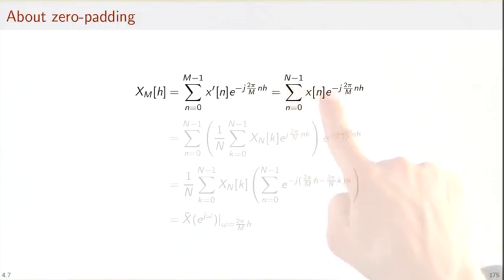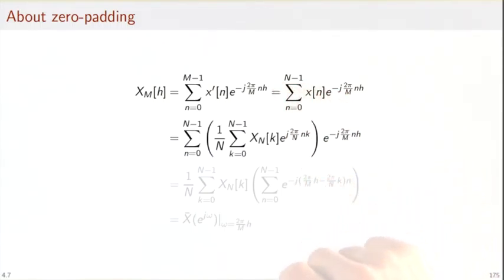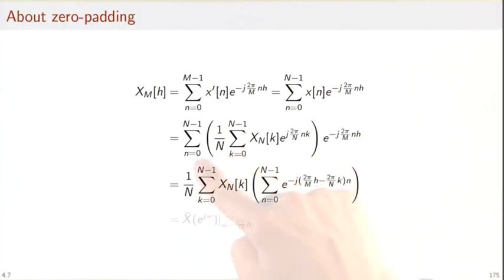We do the usual trick. By now you should be familiar with this one. So we have the sum over small n, and then we replace x_n by the inverse DFT of capital X_n in its usual expression, and we then reorder the summations. So we take out the summation over k in front with the X_n of k, and between parentheses we have this expression which now looks familiar.